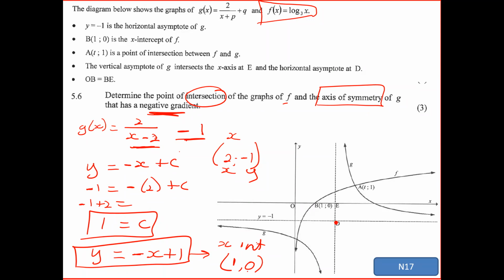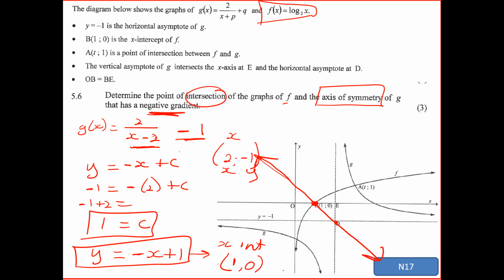But where is 1, 0 on this graph? Isn't B representing 1, 0? Yes, it is, sir. So don't they both intersect at this point 1, 0? Because that is the x-intercept of the straight line, which has a negative gradient. Basically, it's going to look like this. So the x-intercept of this graph is 1, 0.